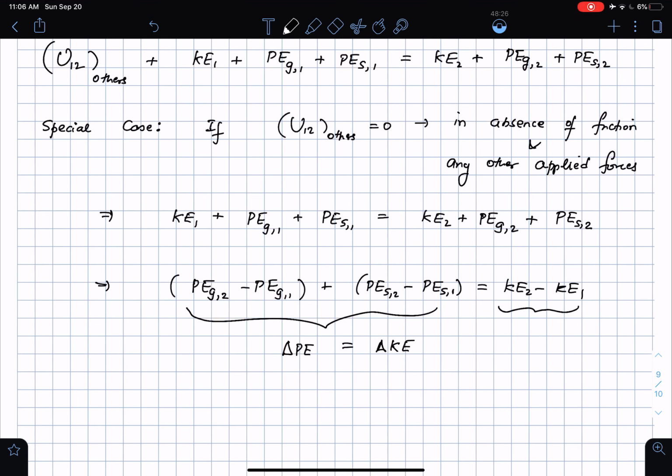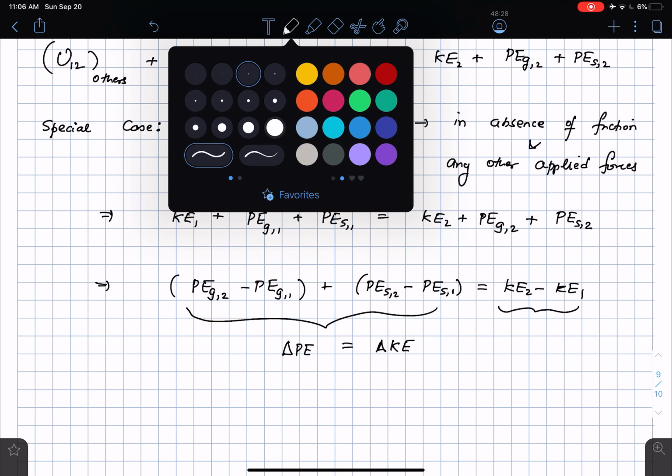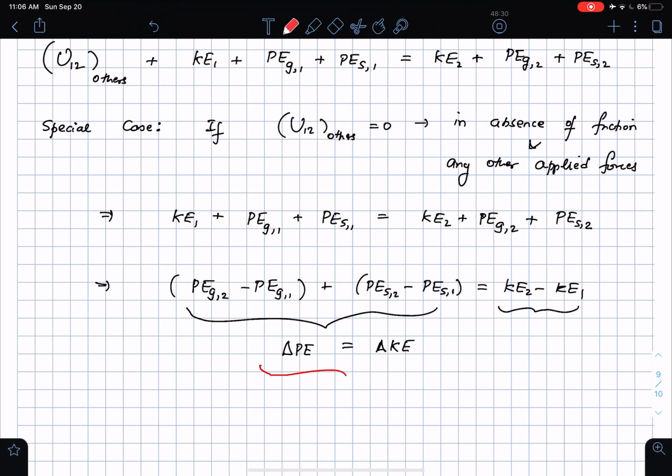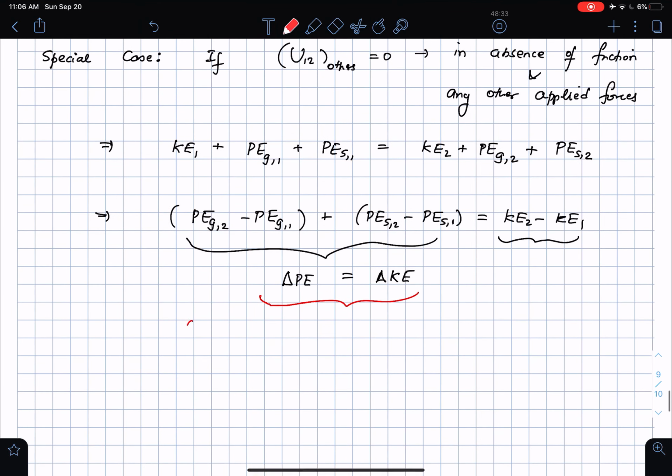Very important thing is this is only in the absence of friction and any other applied external force.